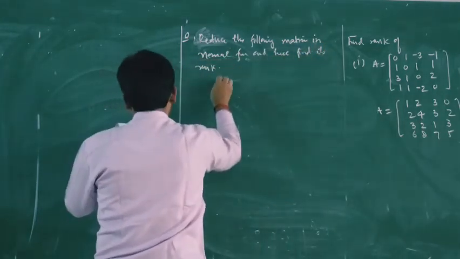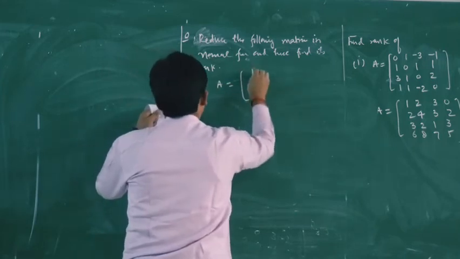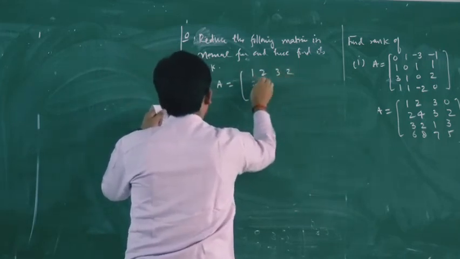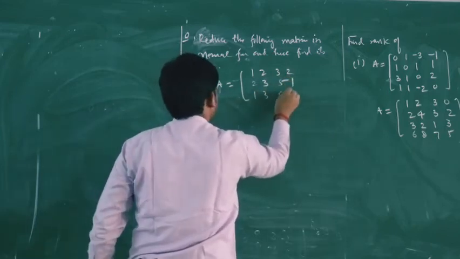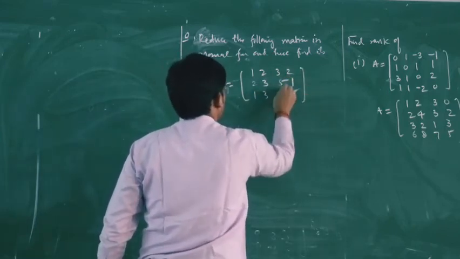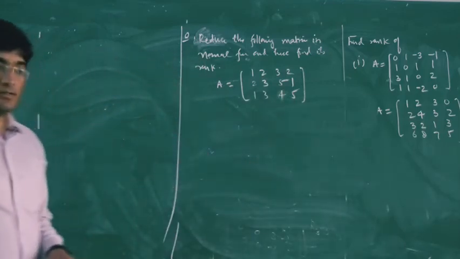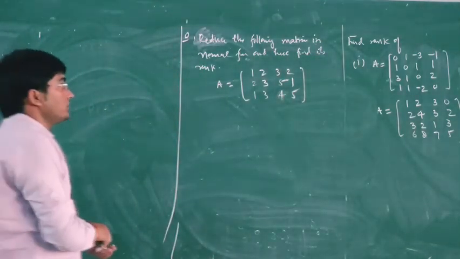And the question is 1 2 3 2, 2 3 5 1 and 1 3 4 5. So let us find out the rank of this matrix by reducing it in normal form.